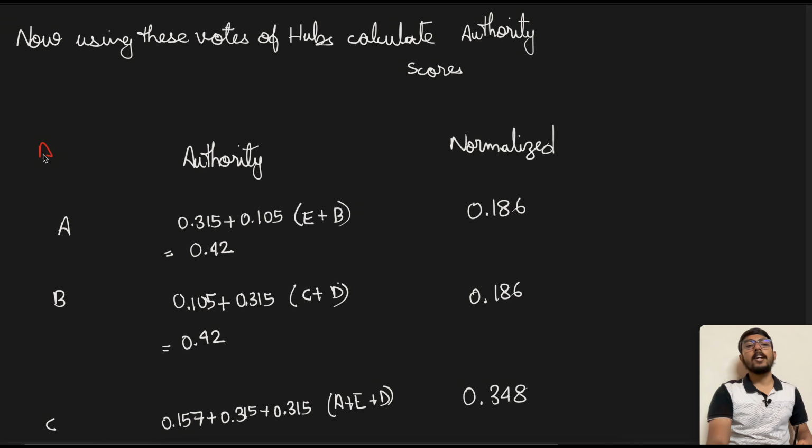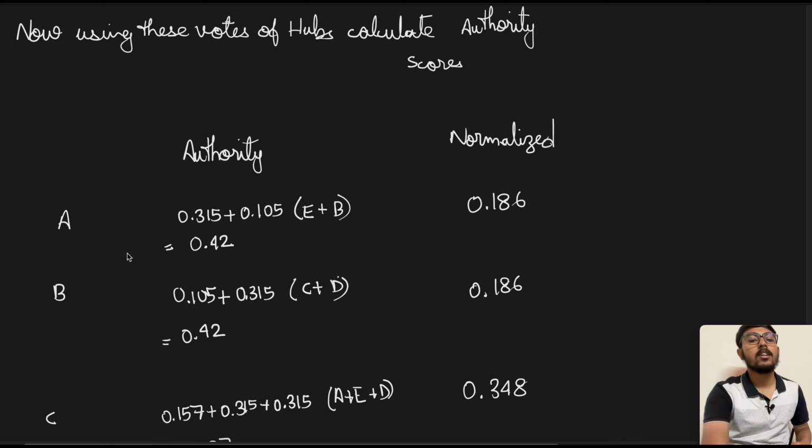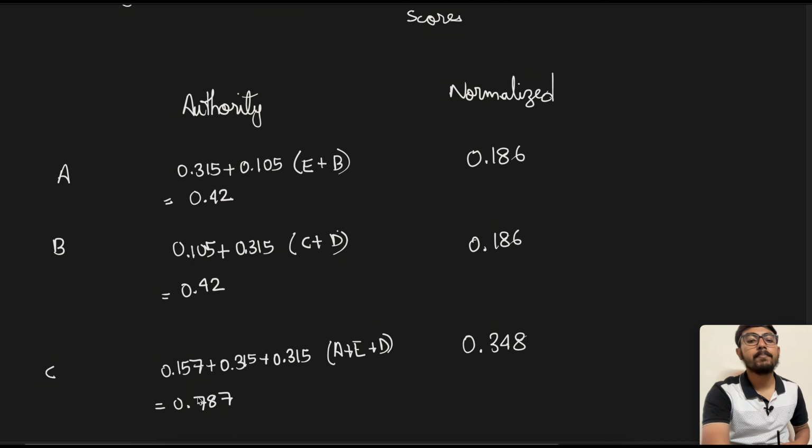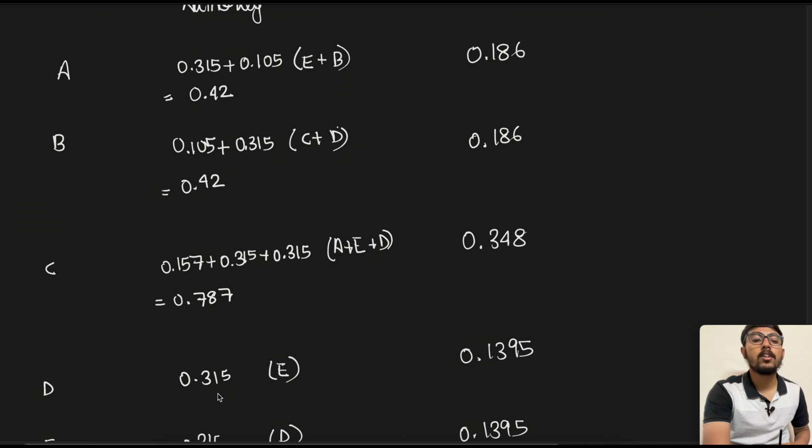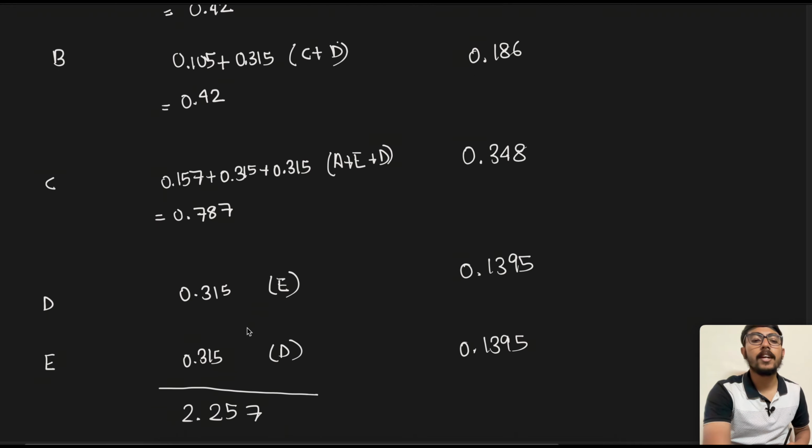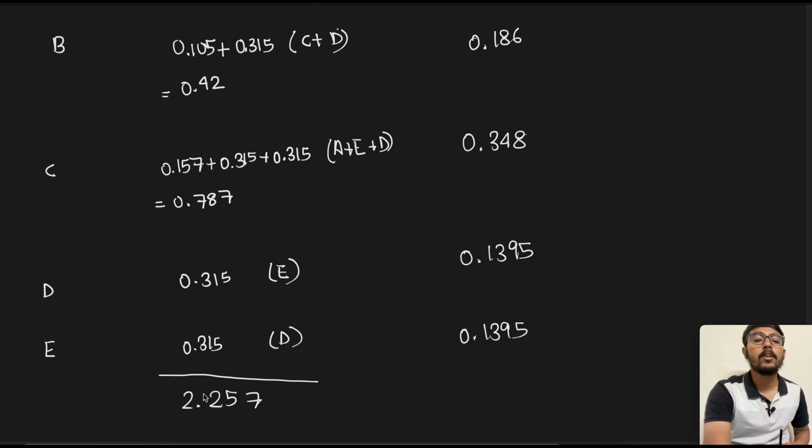If A points to D and D points to B, we will not take this as a single edge, right? Now same for C. A, E and D were pointing to the node C, so its hub score got cumulated. Same is for D and E. So if we add all these together, we get 2.257.